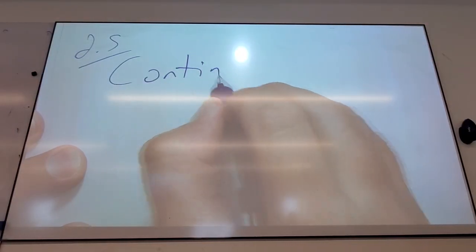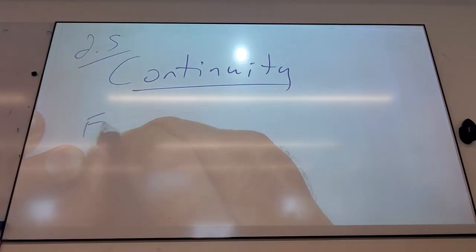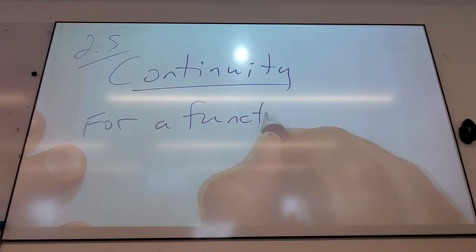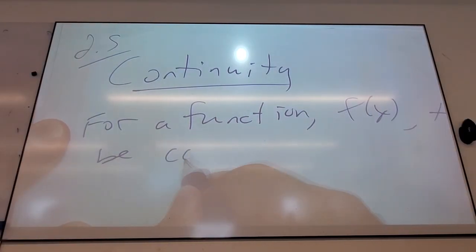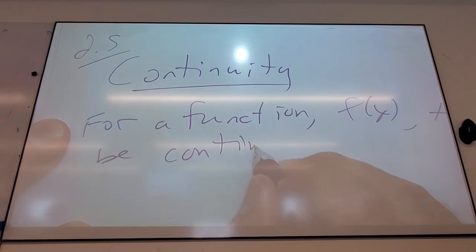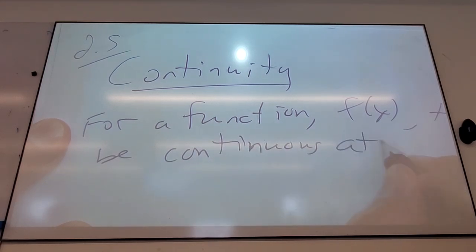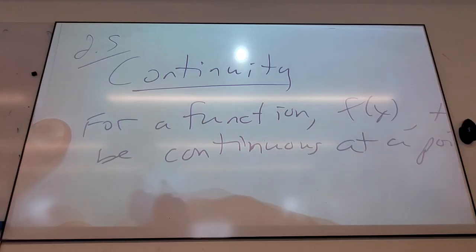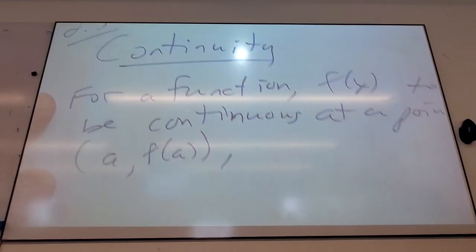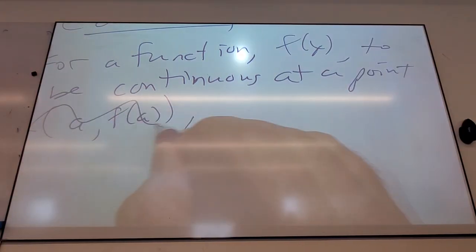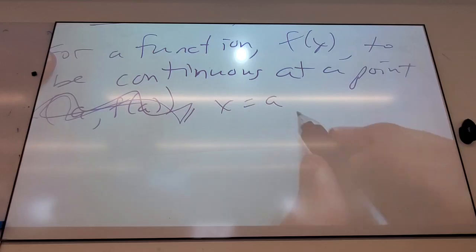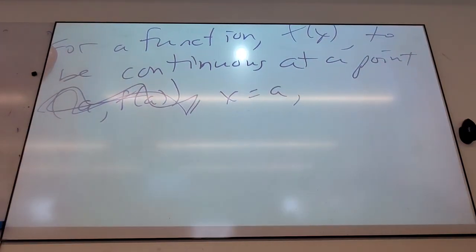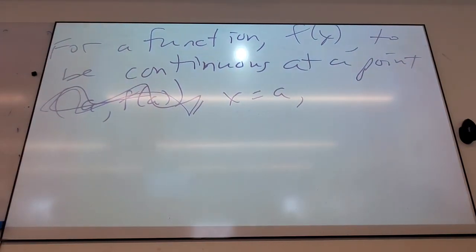Continuity for a function f of x to be continuous at a point x equals a. I can say this in one statement, but I'm going to break it up into three after that.